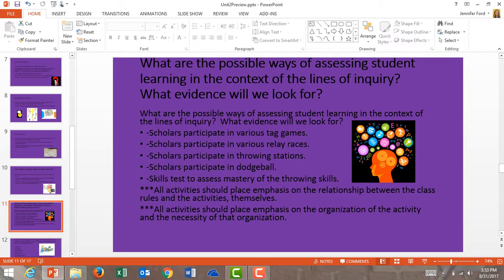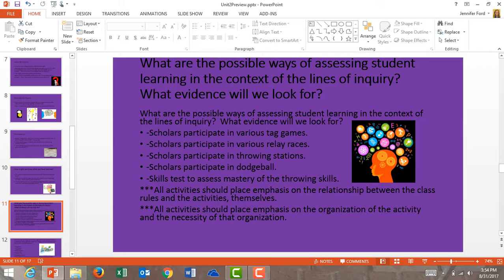And I put there at the bottom, all activities should place emphasis on the relationship between the class rules and the activities themselves. We follow the rules because we got to do this. And all activities are placing emphasis on the organization and the necessity of that organization. We have to do it this way because of this.